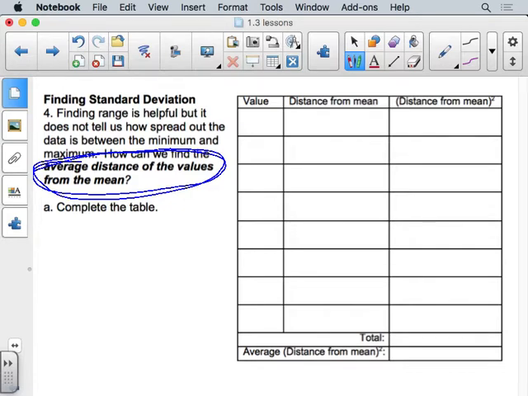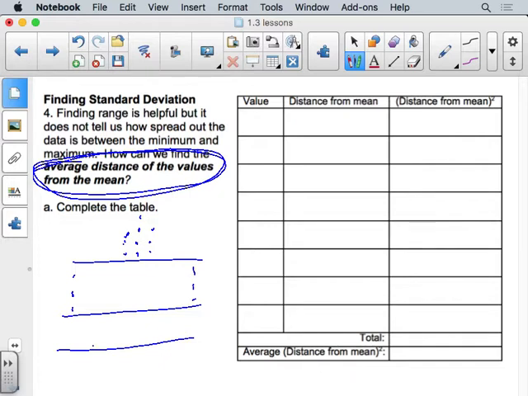So if I just did a quick problem here. Let's see, okay. Okay, so this is A, B, and C. A, B, or C, which one has the smallest standard deviation?